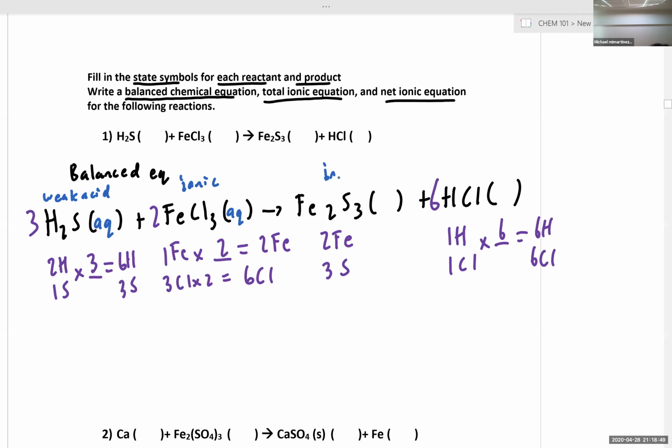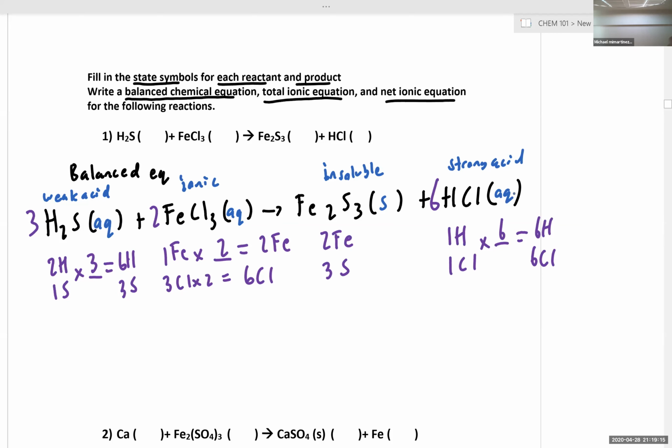Insoluble, exactly right. So we get a solid symbol. Hydrochloric acid, is that a strong or weak acid? Exactly right, it's a strong acid. So we put the aqueous symbol.